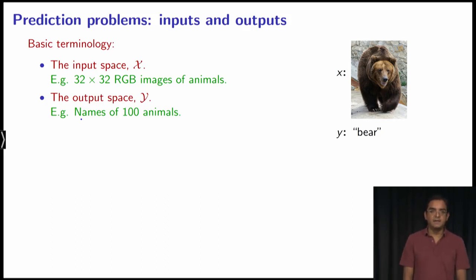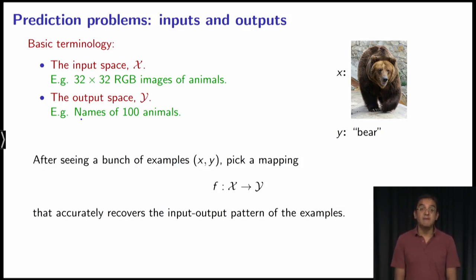We have in mind some desired mapping from inputs to outputs, but it's not something that's possible for us to necessarily specify in a precise way. And so we collect a training set of XY examples.